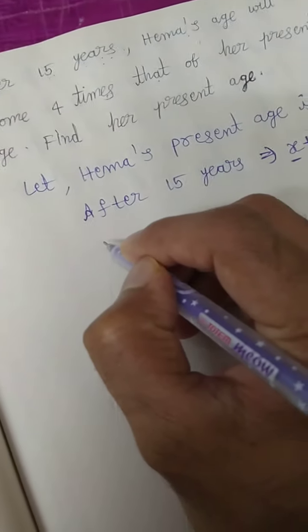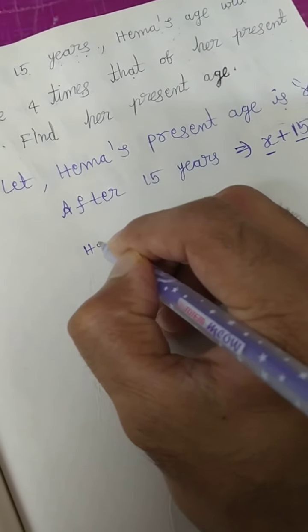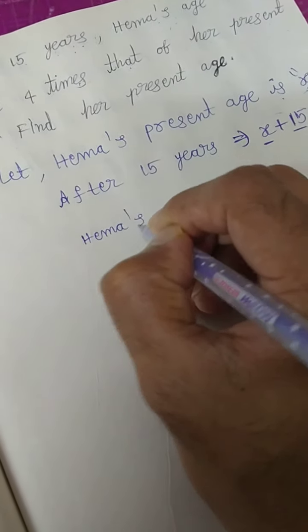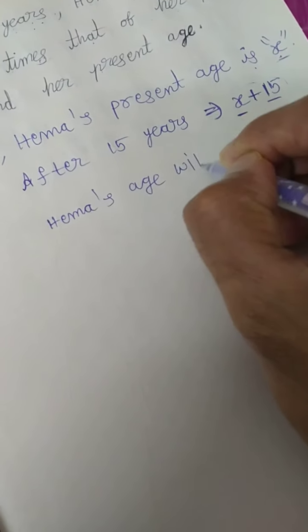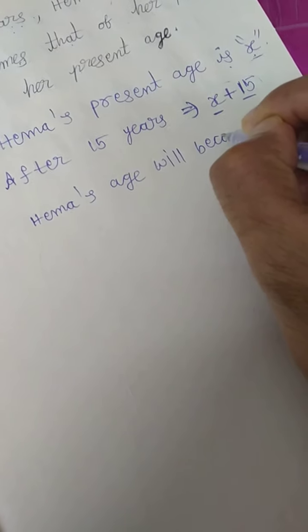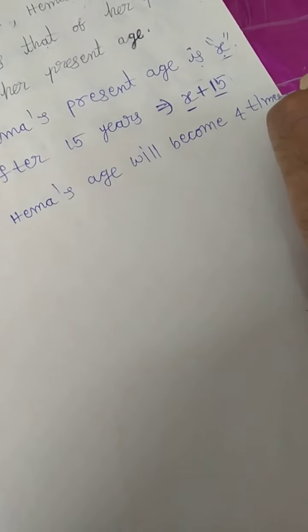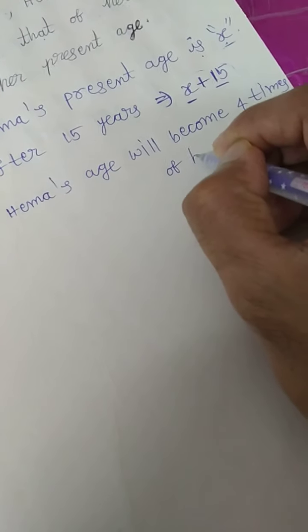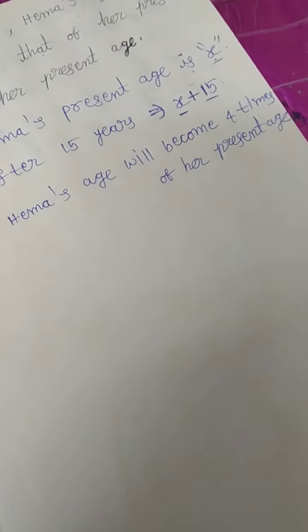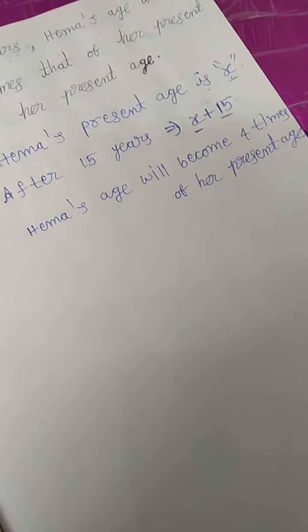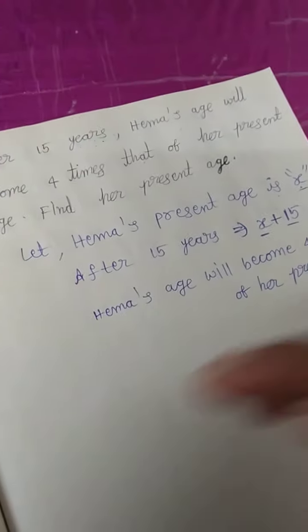So Hema's age will become 4 times of her present age. Like this you should write, children. As this is a word problem, you should mention everything in detail.